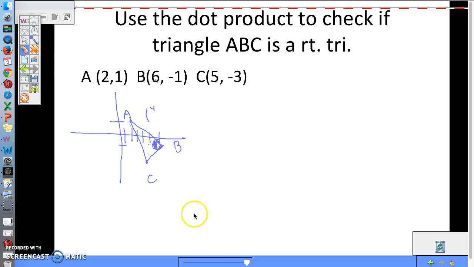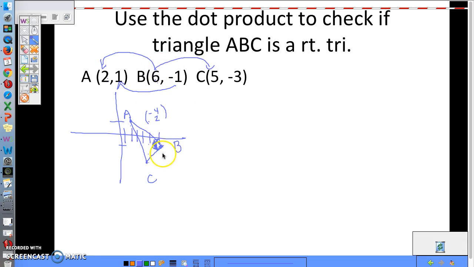What is our vector from B to A? So B to A, 6 to 2. So our vector is going down 4, negative 1 to 1, and up 2. And then let's check this one here, B to C. All right, B to C, 6 to 5, so it's going down 1.